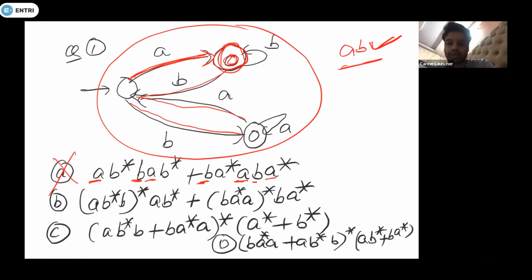Now option B. In option B, the minimum string is A. A is accepted here, B is accepted here.